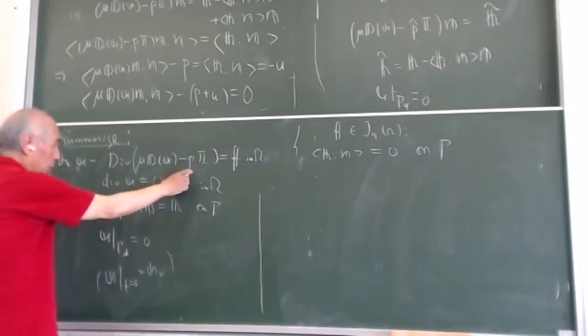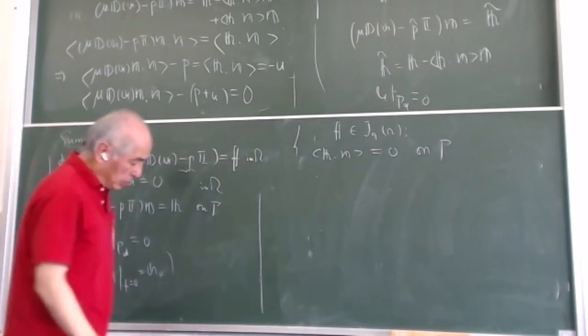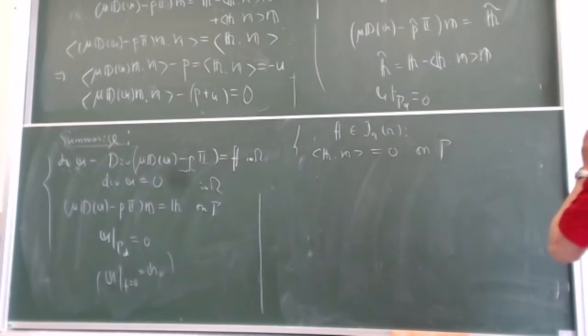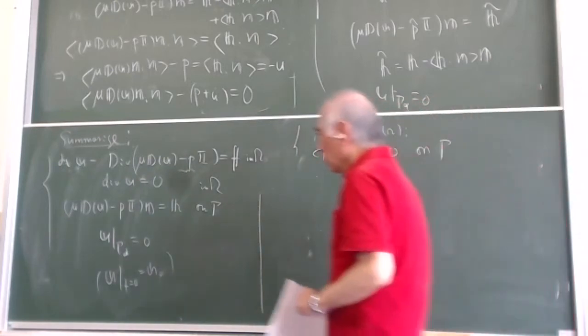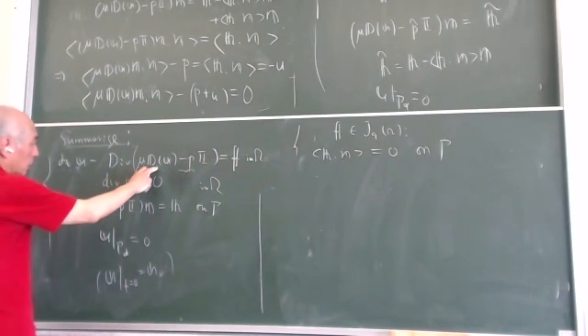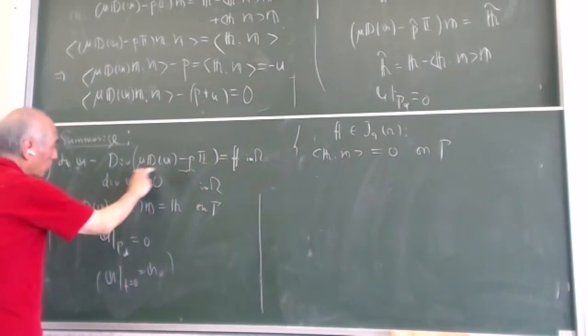Then finally, we can eliminate p. How to do this? In some sense, we take the solenoidal decomposition of this part.